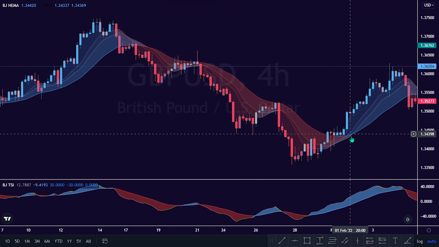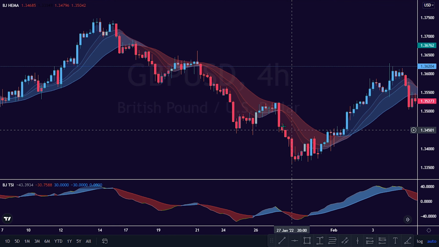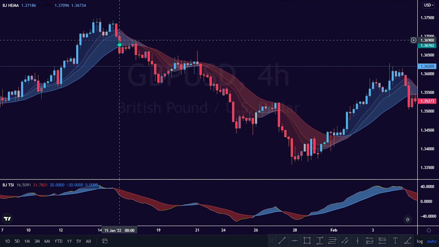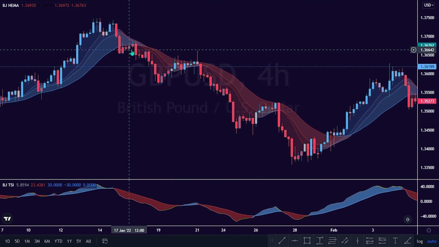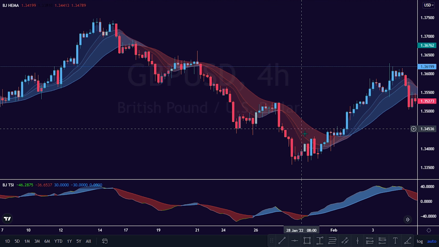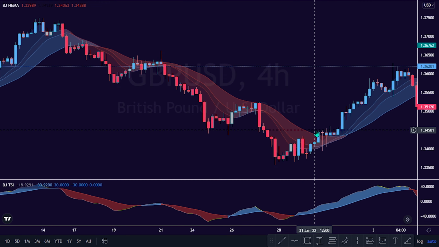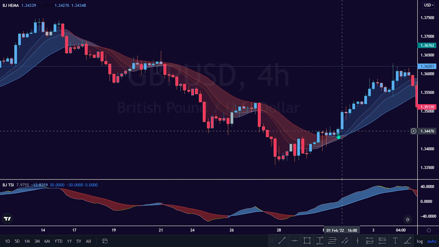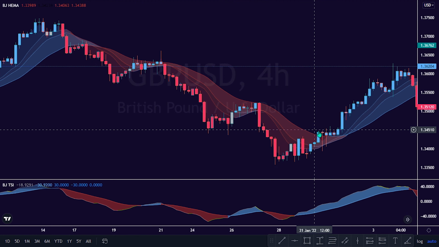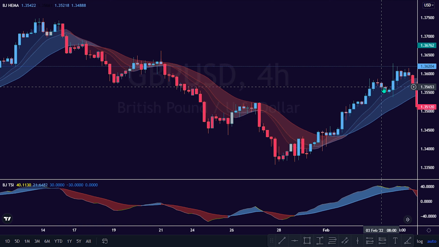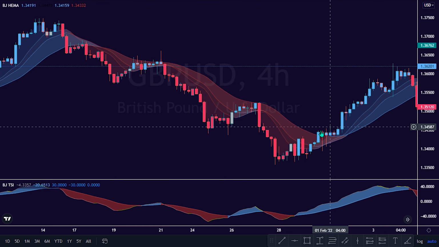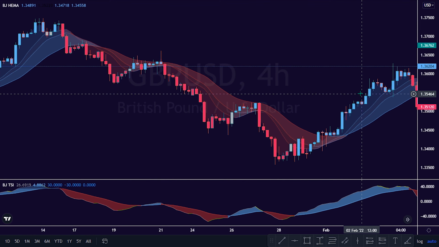The bar color is dictated by the candle close value in relation to the EMAs, specifically by the EMA fast line. As we can see, if a candle closes above the EMA fast line of the triple EMA, a buy signal is indicated by a bar color change from red to blue.